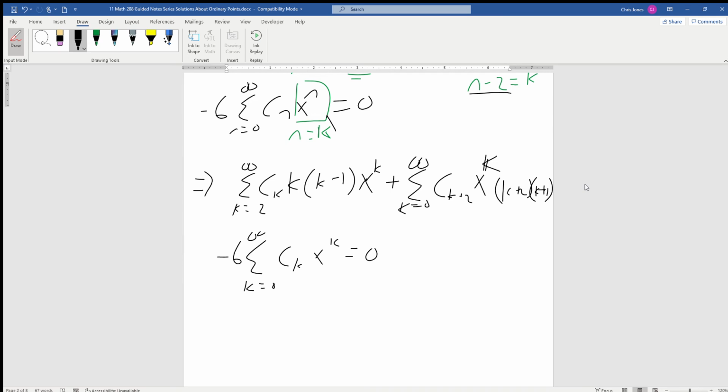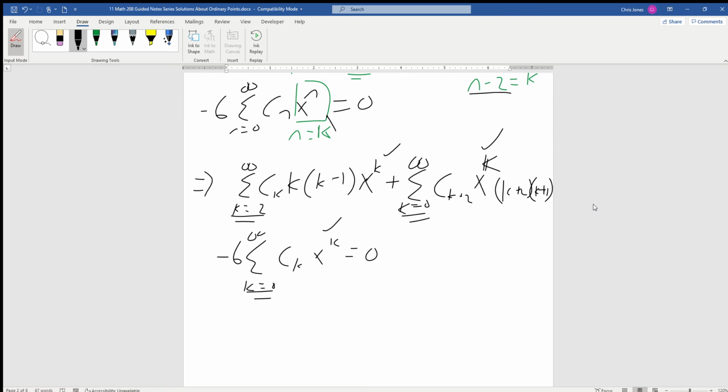So the good news is that we have x to the k, x to the k, x to the k. Everything looks okay except for the discrepancy between the indices. And remember, we need all of those indices to be the exact same thing. So how do we do that?